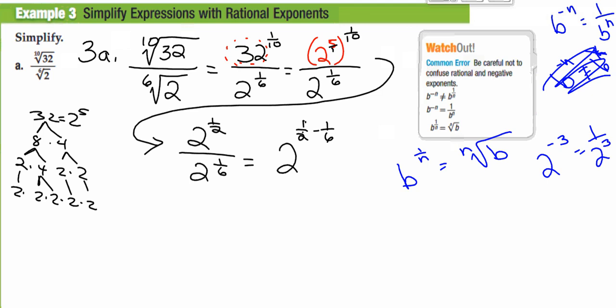Say it again. So I have to get a common denominator, and I don't like the way that turned out, so I'm just going to rewrite it. So it's 2 to the 1/2 minus 1/6. I tried to write it big enough, hopefully, that I can get a common denominator if I multiply that by 3 over 3, right? That's going to be 3/6 minus 1/6. Question?